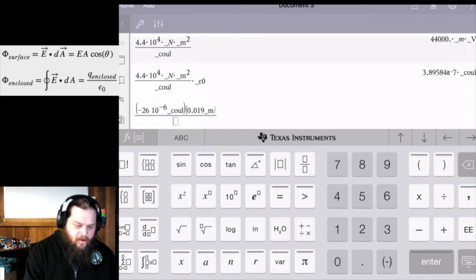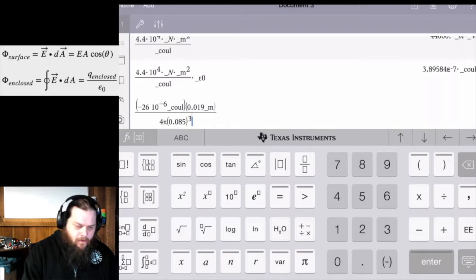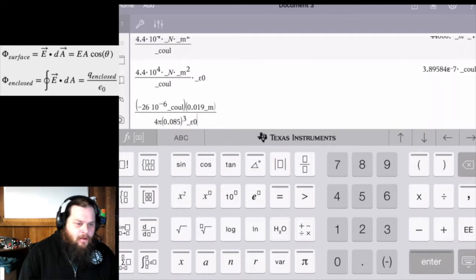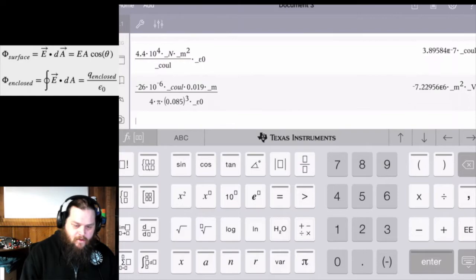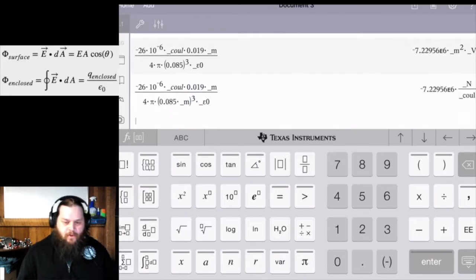We're going to divide that whole thing by 4 pi times 0.085, and we're going to cube that, and multiply that by epsilon naught. Double check everything's right. Oh, I left off units. That's what was wrong. Units make the world go round.